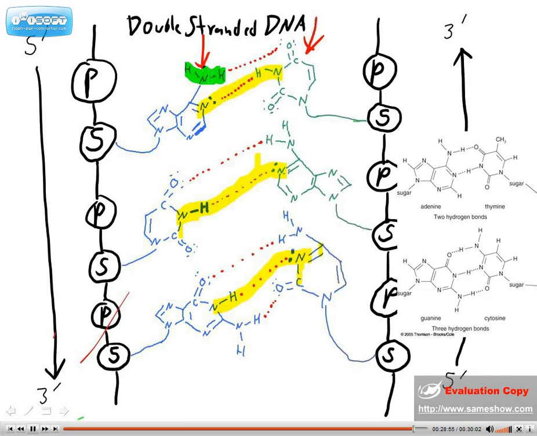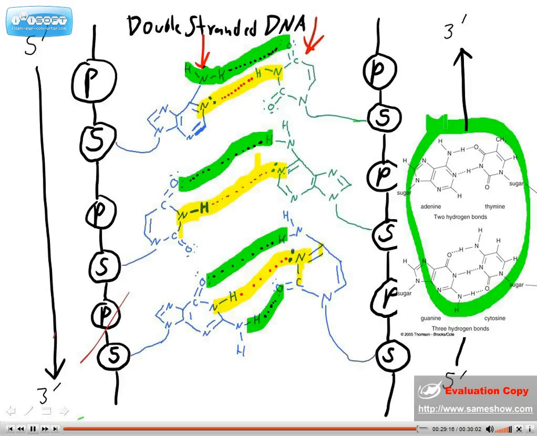So here we have an NH2 coming off. So the hydrogen will always be bonded to the lone pair of the oxygen. Hydrogen, lone pair of the oxygen. Guanine and cytosine, you will always, always see two of these. So again, you have to absolutely memorize these.